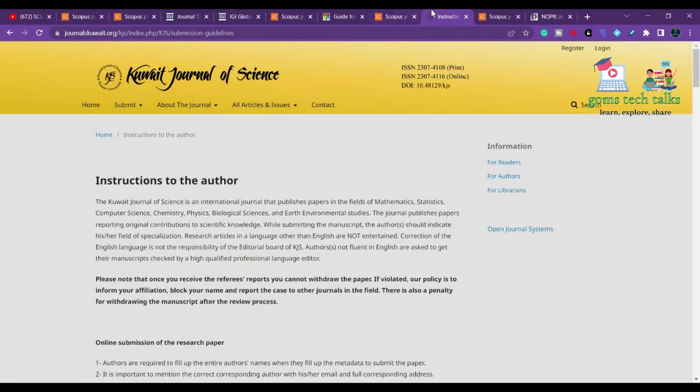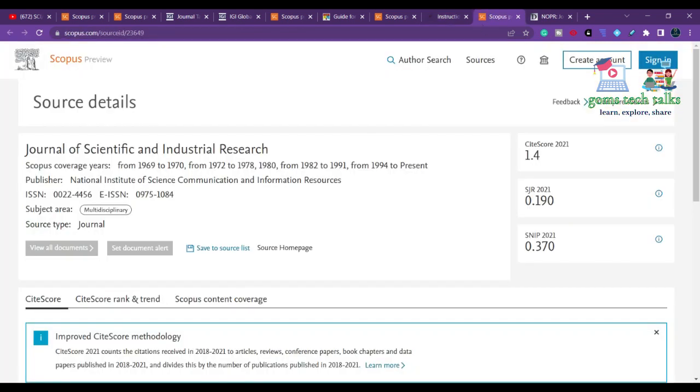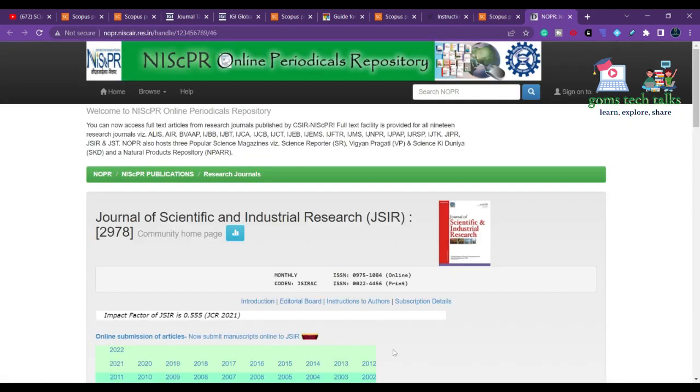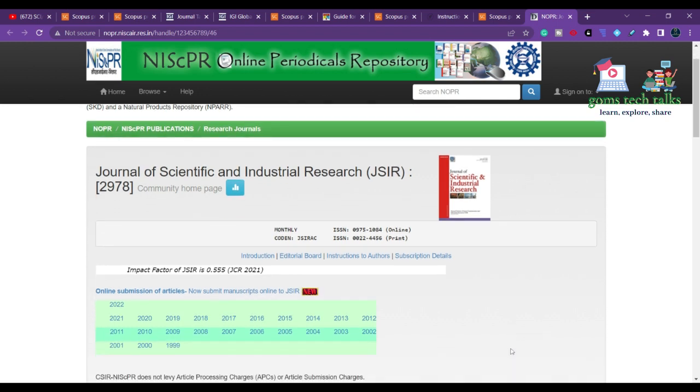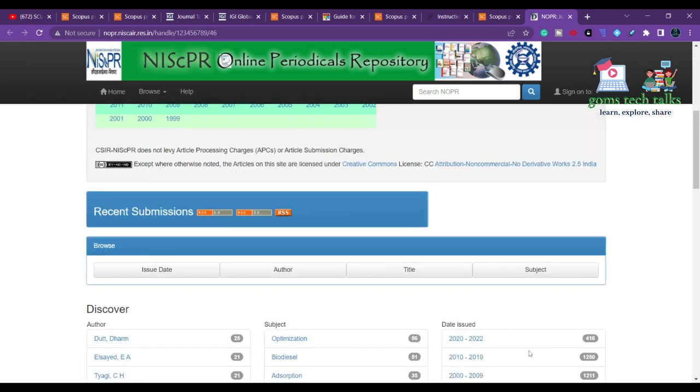So let us go and check the next journal, which is the Journal of Scientific and Industrial Research. This is since 1994, and this is multidisciplinary. If you click on this journal source homepage, you can see this is the link. Even here they are not asking for any charge.